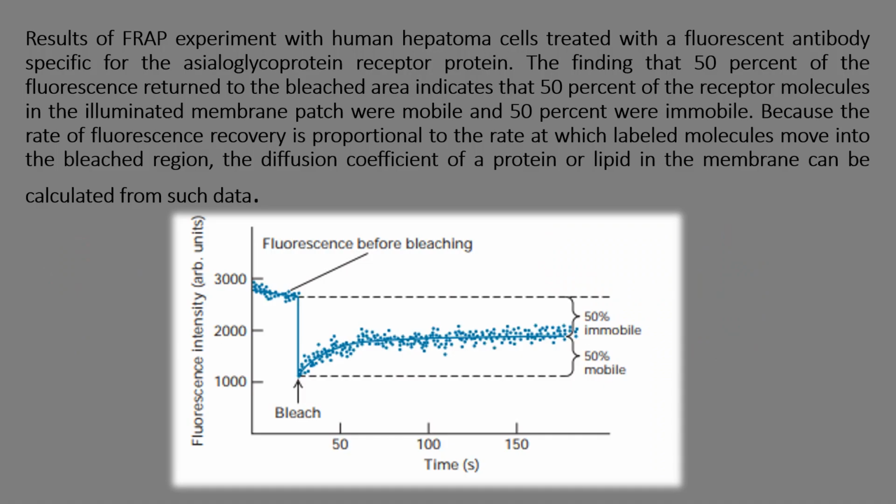In the FRAP experiment, 50% of the fluorescence returns to the bleached area. This indicates that 50% of the receptor molecules in the illuminated membrane patch were mobile and 50% were immobile. This is because of the lateral movement into the bleached area in the lipid bilayer. So this proves that the cell membrane has lateral movement.